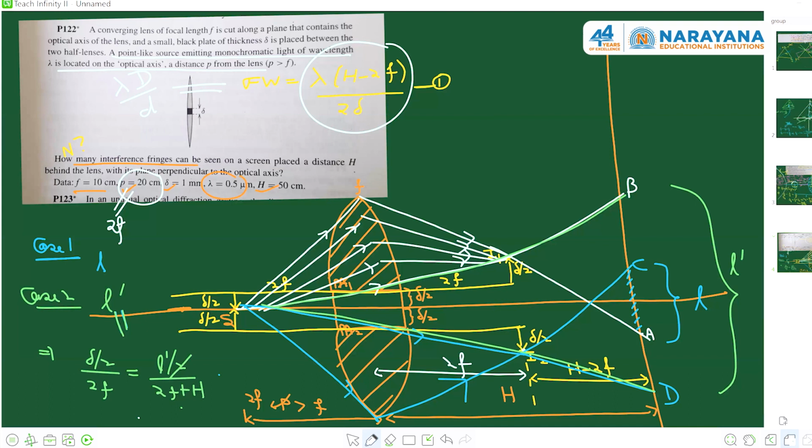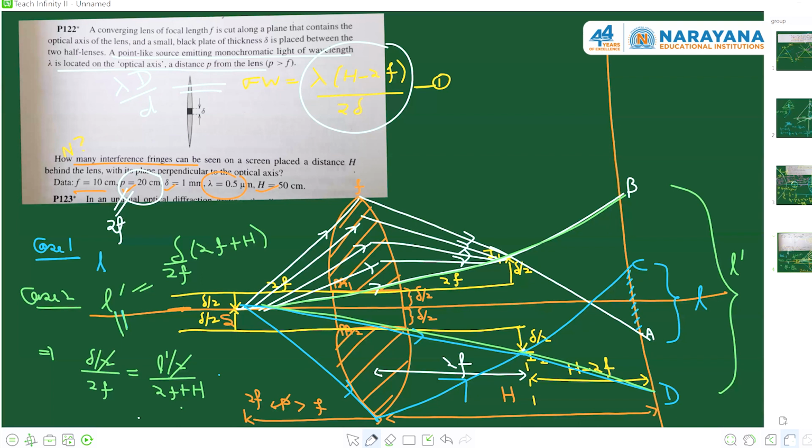This term cancels out. For me, L prime comes out as delta by twice of f, multiplied by 2f plus h. This is the expression of L prime.